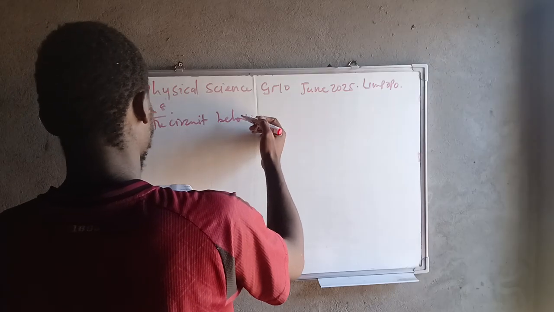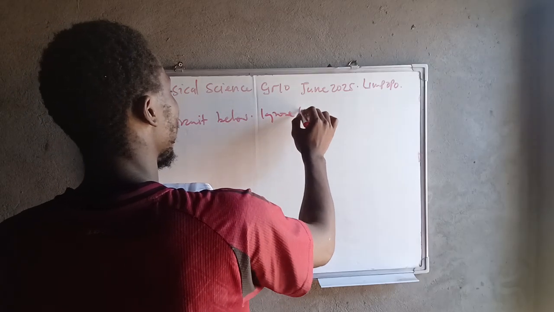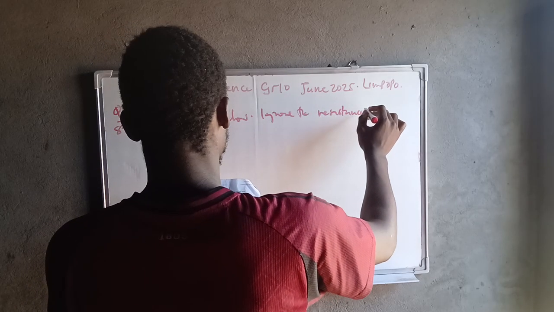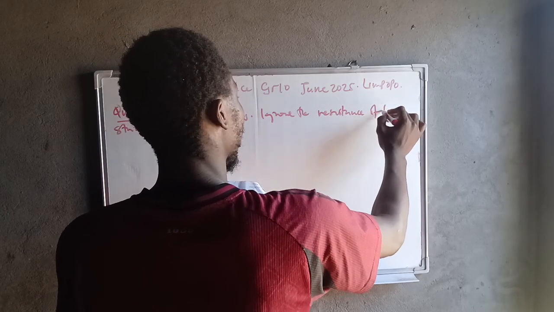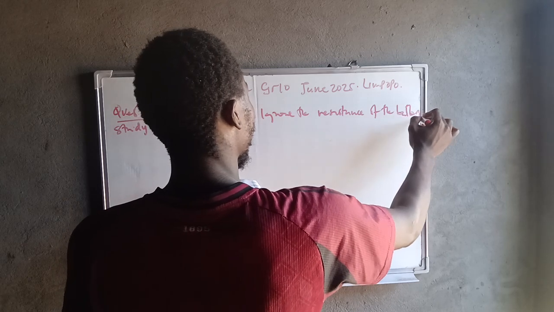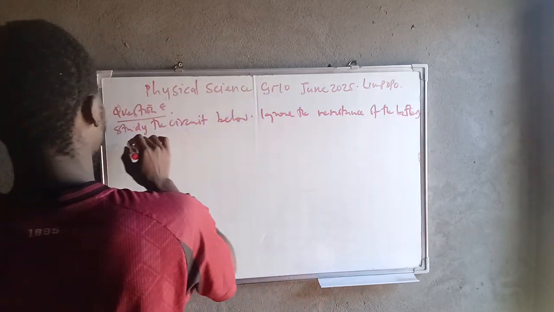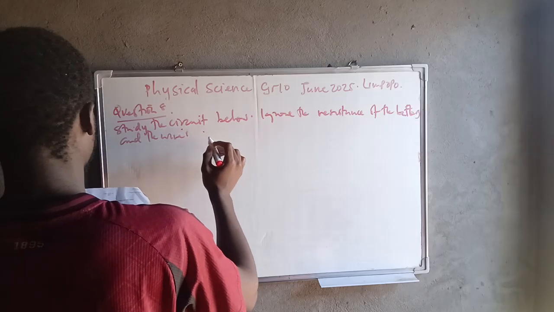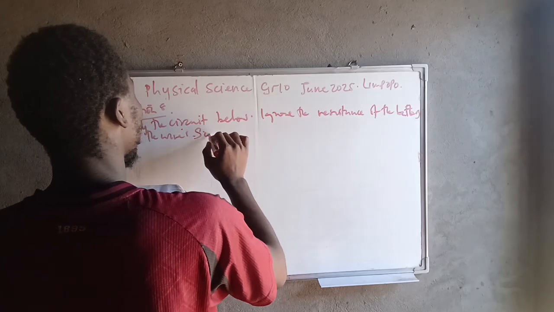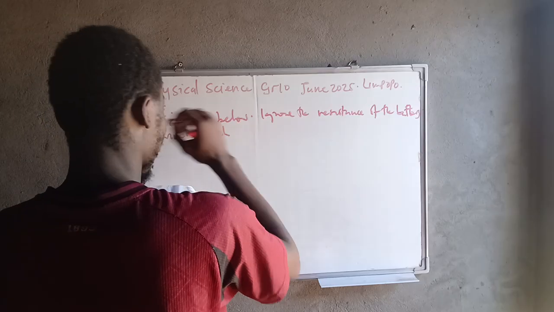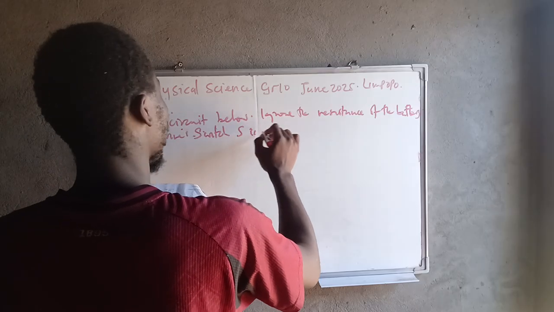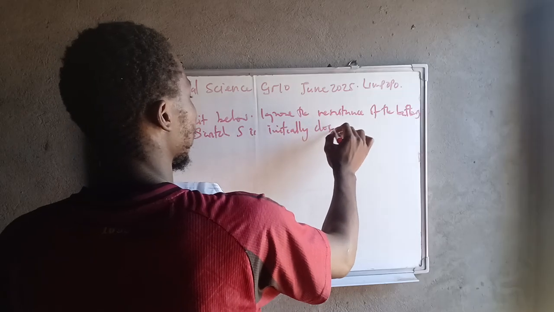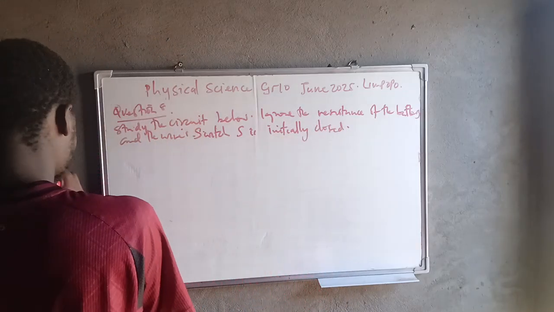Then it says again, ignore the resistance of the battery and the wires. Then switch S is initially closed.